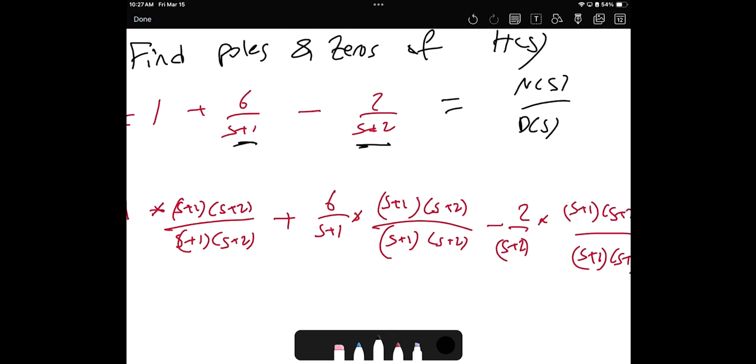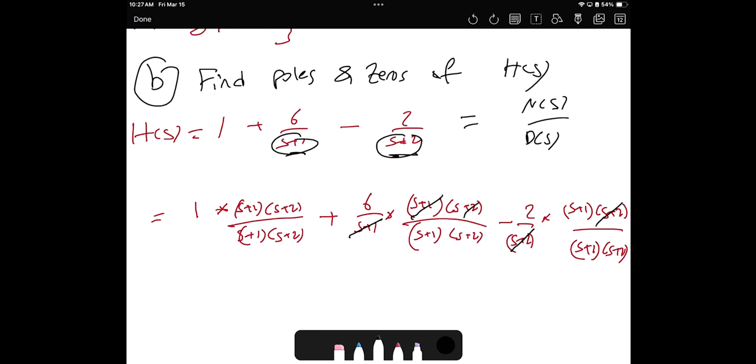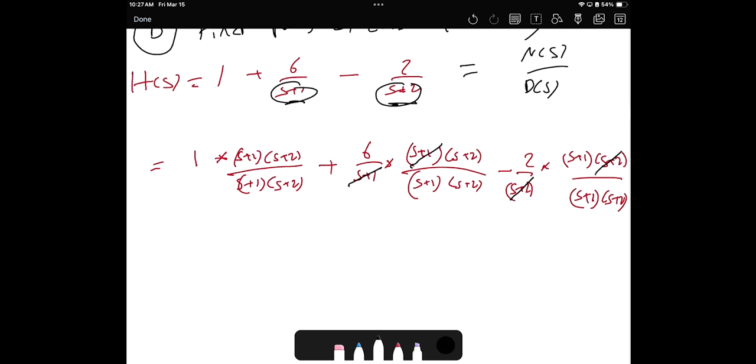Now let's do more simplification. So s plus 1 and s plus 1 here will cancel each other, and s plus 2 and s plus 2 will cancel each other. Do I need to remove s plus 2 here and here? No. My point is to make all of them have a common denominator. After I cancel these, all of them will have the common denominator (s plus 1)(s plus 2).